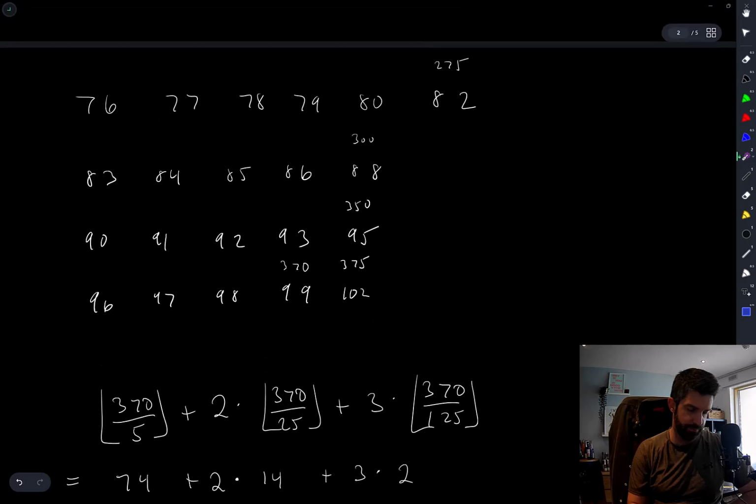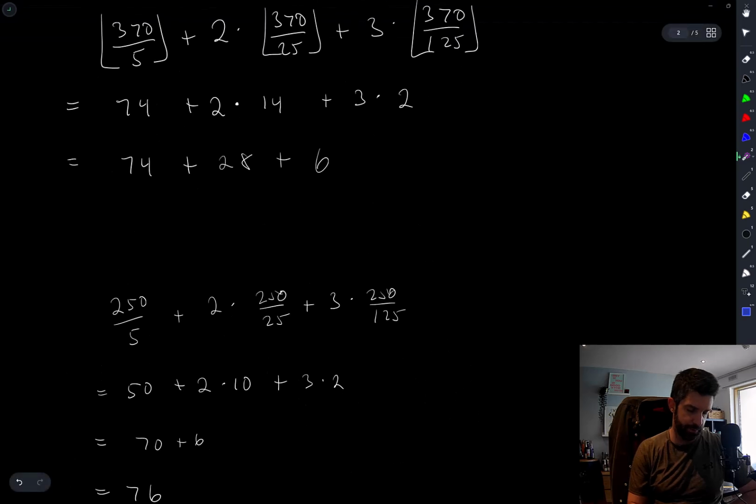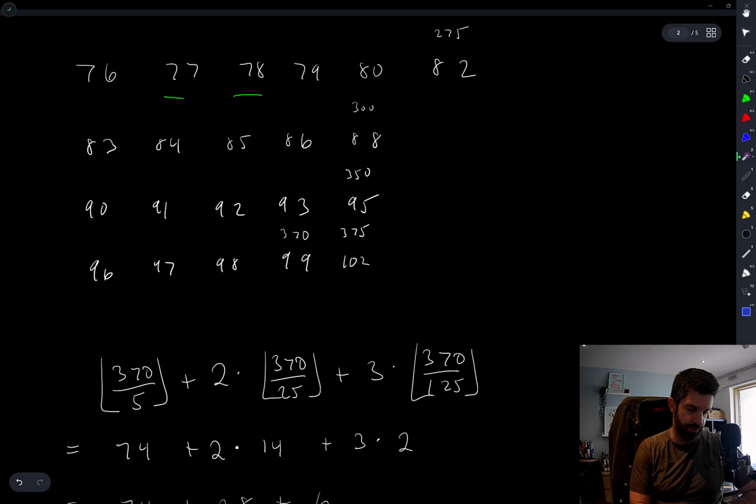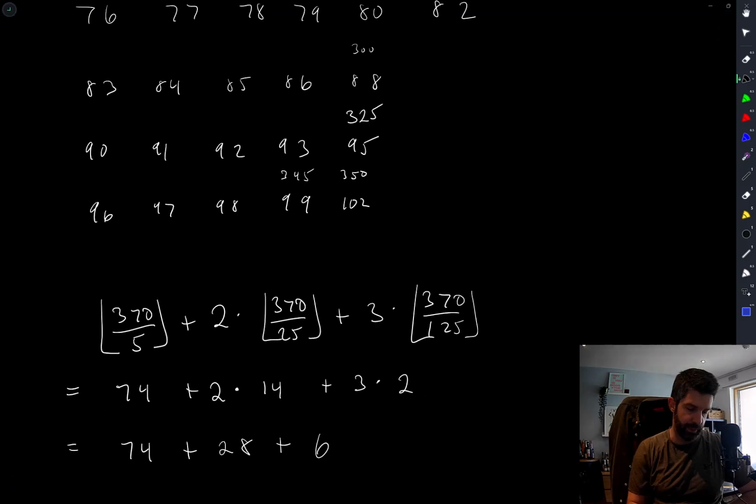So 1, 2, 3, 4, 5 times 5. Oh my goodness. This should be 325, which makes this 350, which makes this 345. Okay, so for k, 345.